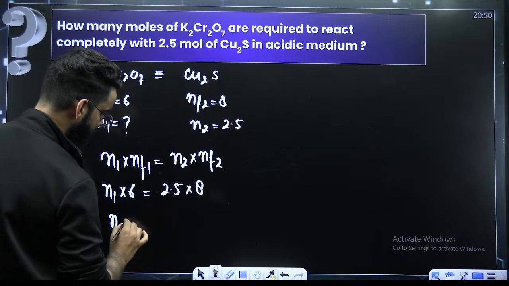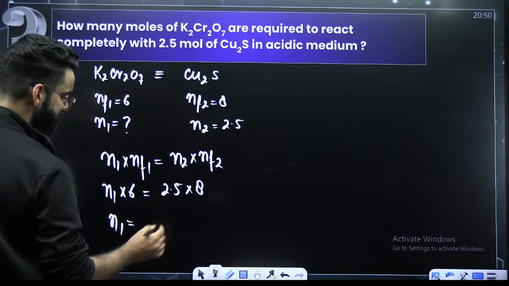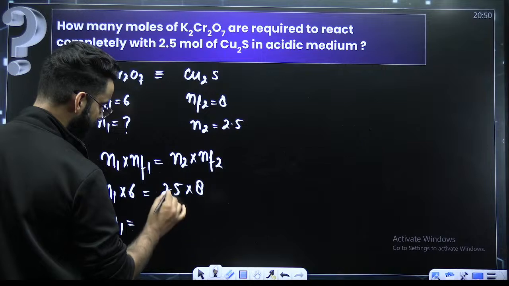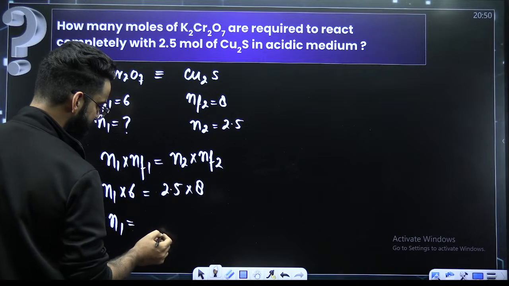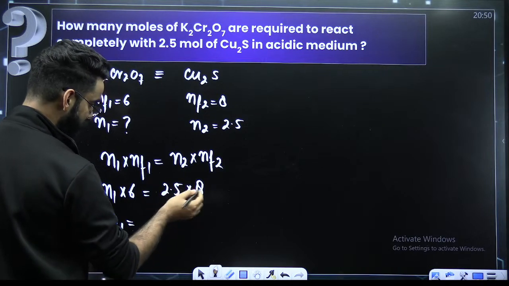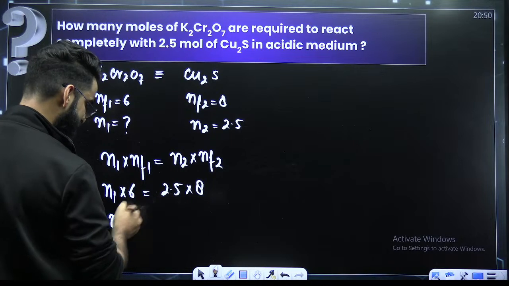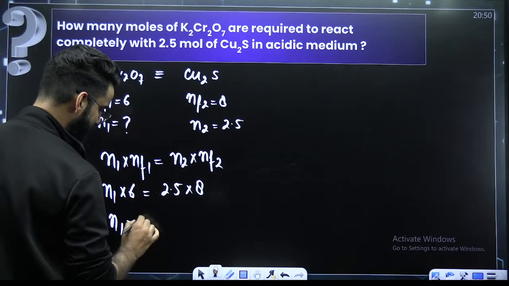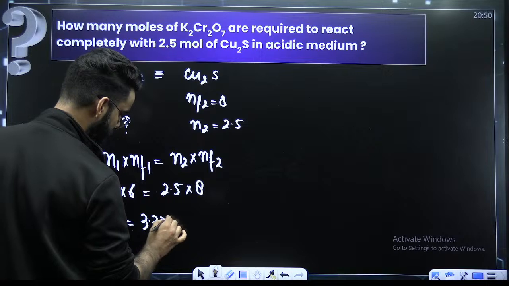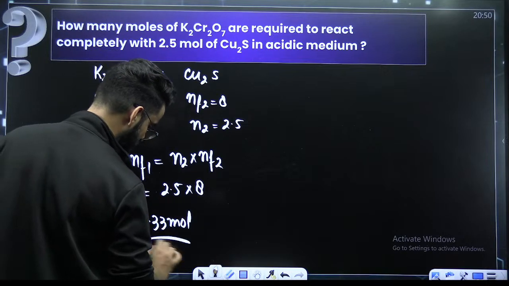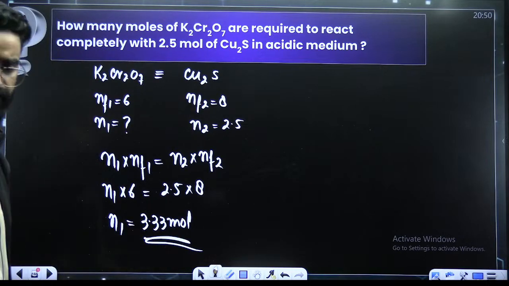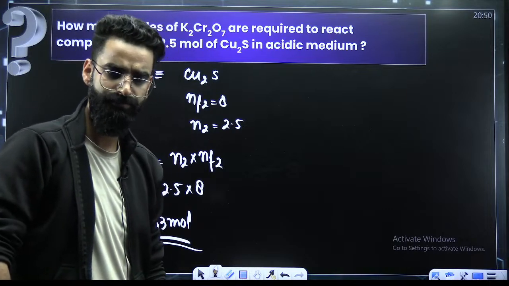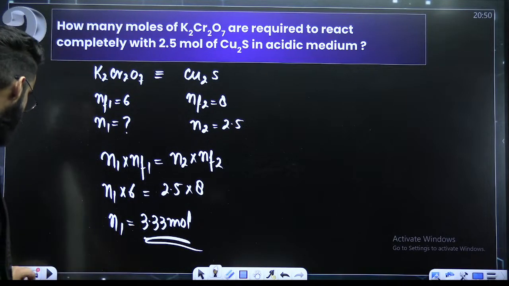So N1 will be 2.5 times 8 divided by 6, which is 20 divided by 6, which is 10 by 3, that is 3.33. So N1 is 3.33. Clear? Simple?